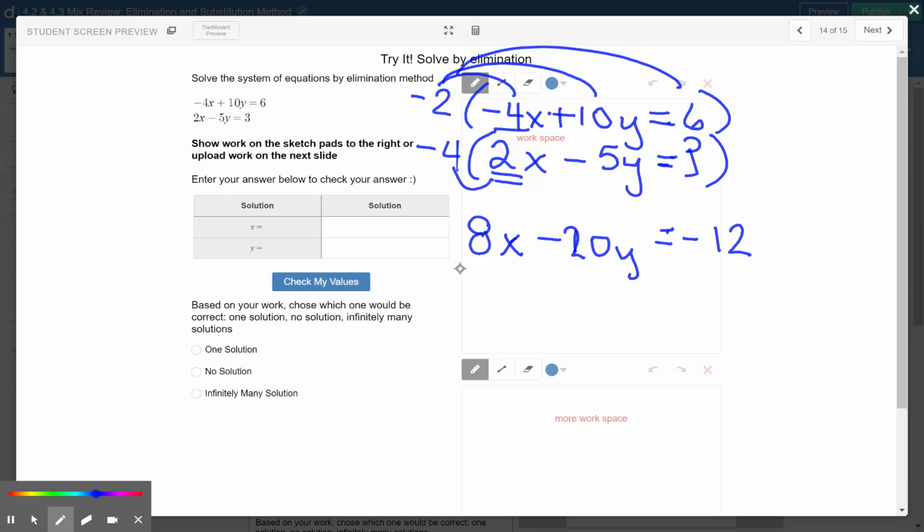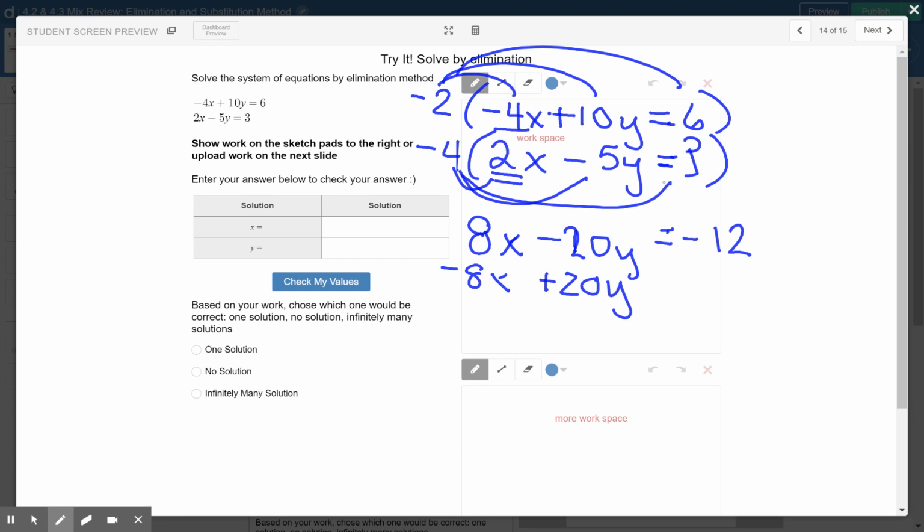Negative 4 times 2x gets you negative 8x. Be careful here. Negative times a negative gets you a positive. And then a negative 4 times 3 gets you negative 12.